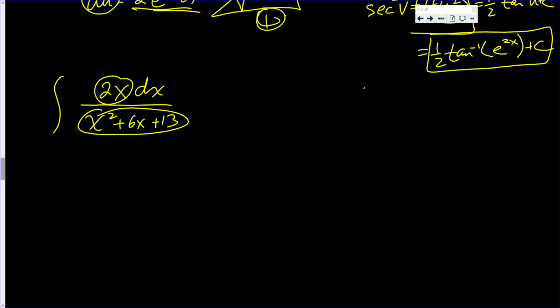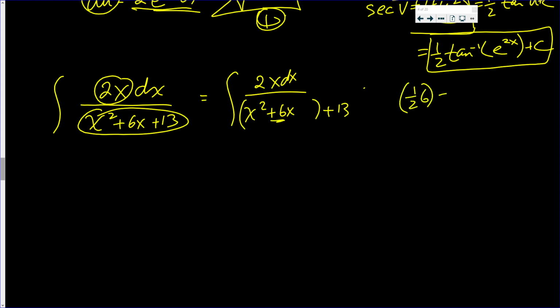What we want to do here is we want to complete the square in this denominator. You have x squared plus 6x plus 13. Half of 6, that's positive 3, squared is 9.